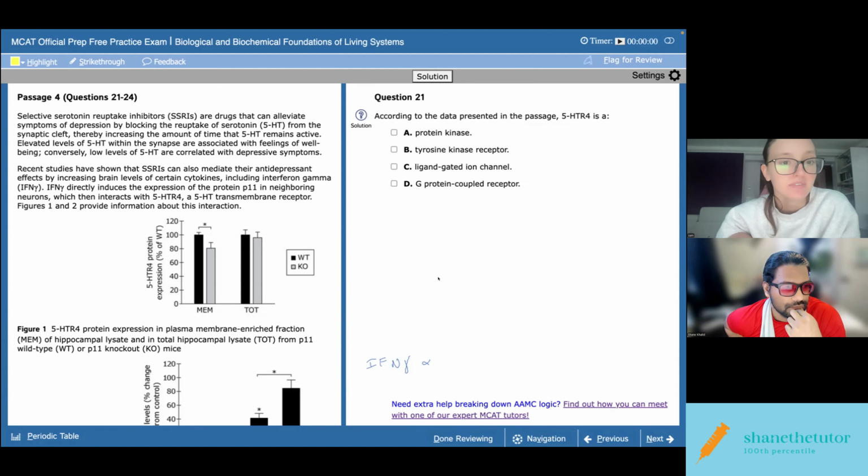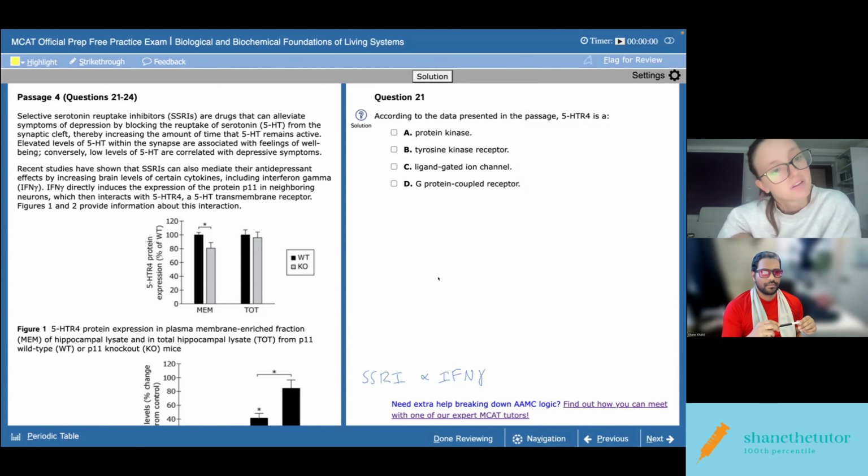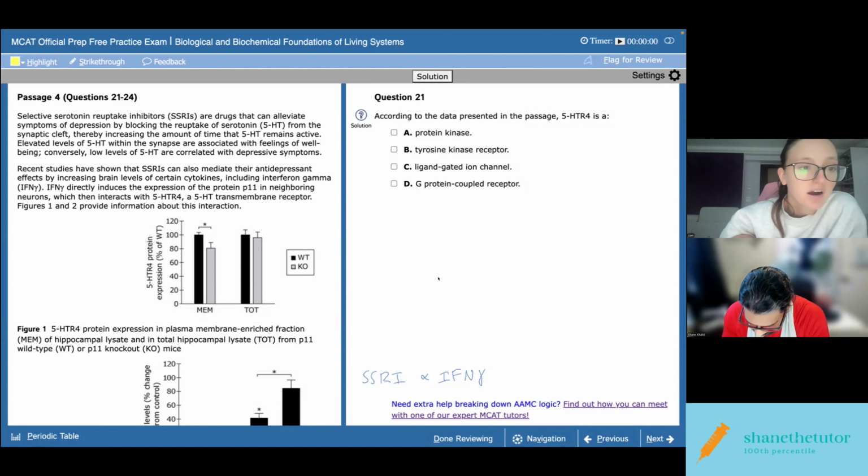Any proportionality we can say here? Okay, we can see that we have SSRI increasing brain levels of interferon, which induces IFN-gamma with the P11, and that interacts with the receptor.